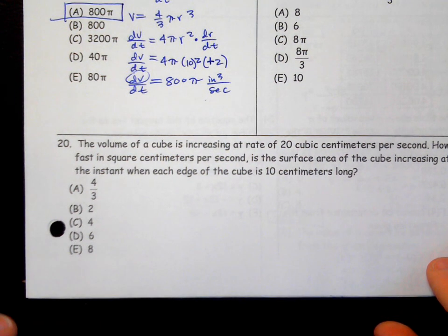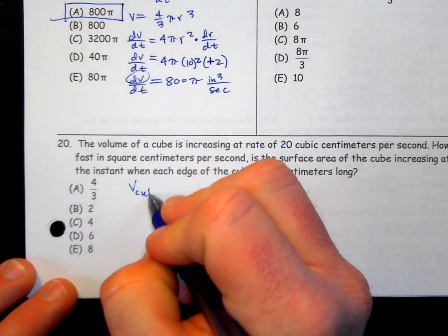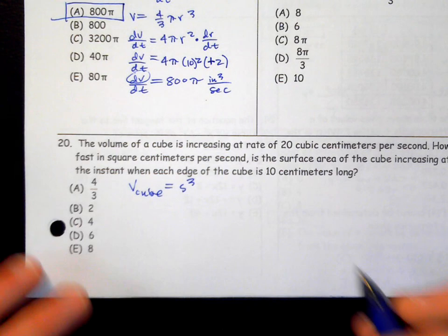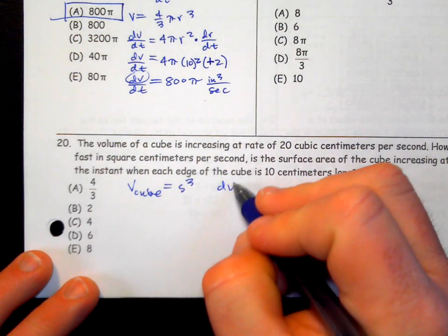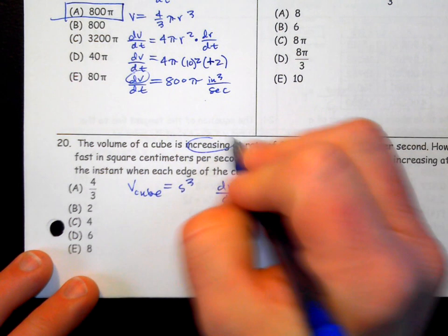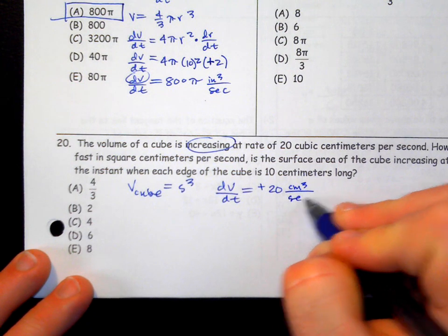So problem 20, the volume of a cube. Now what's the volume of a cube? Side cubed is increasing at a rate of dv dt. The volume is increasing at a rate of 20 cubic centimeters per second.